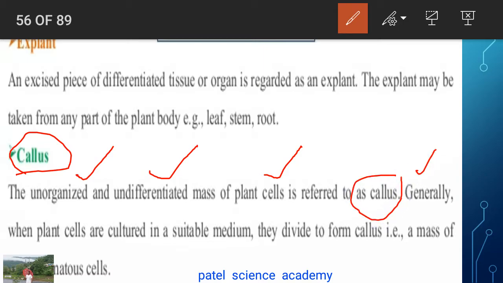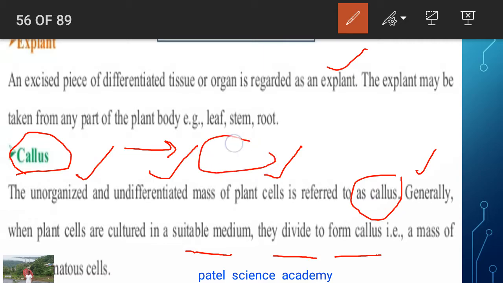Generally, when plant cells are cultured in a suitable medium, they divide to form the callus, that is a mass of unorganized or parenchymatous tissue. So dear students, suppose you have collected a cell as an explant, so that cell will be inserted into the nutrient medium.